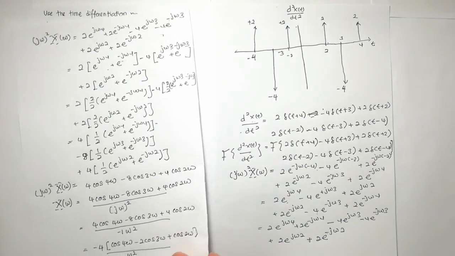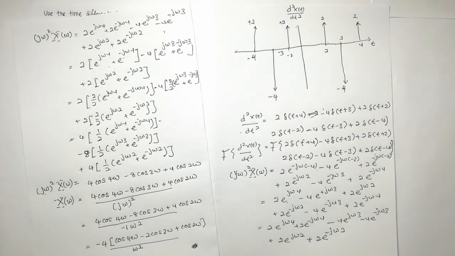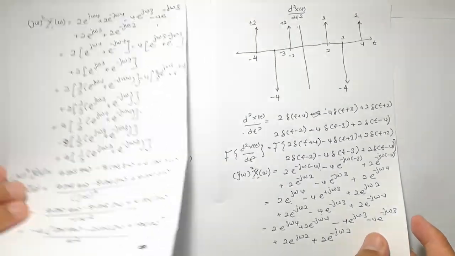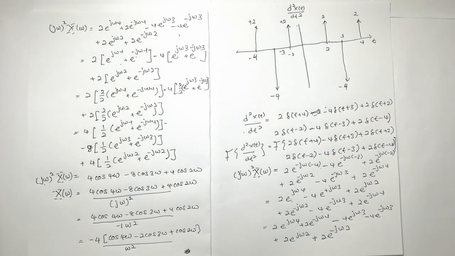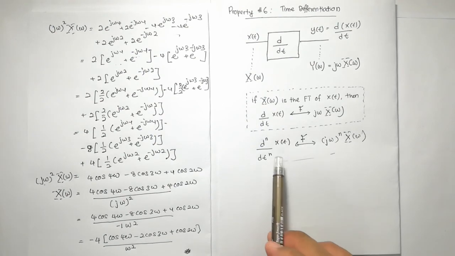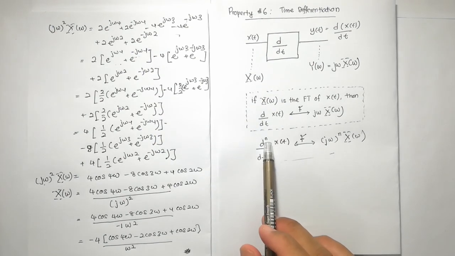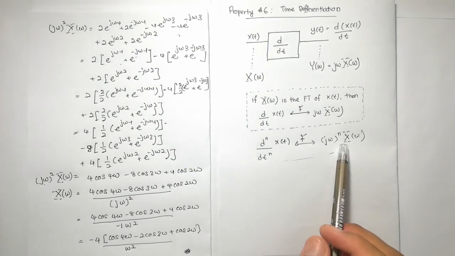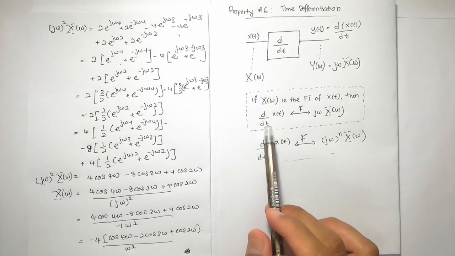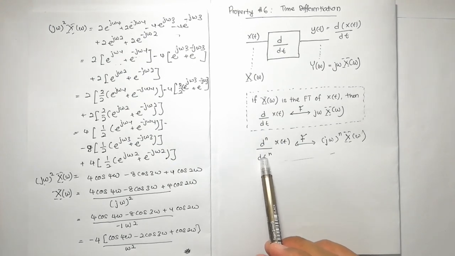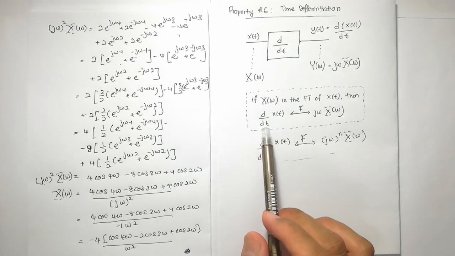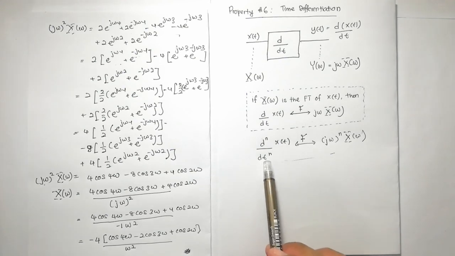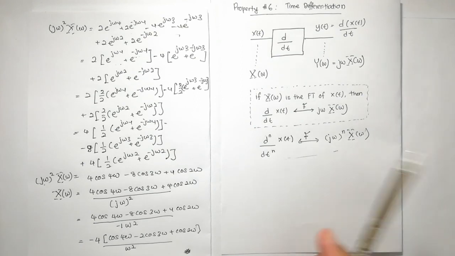But you need to remember, when we do multiple differentiation, we need to use this one, which is d to the power of n over dt^n of x(t), and this will be equal to (jω)^n X(ω). So the first one is for differentiating one time, and when you want to differentiate more than one time, we will use this property.